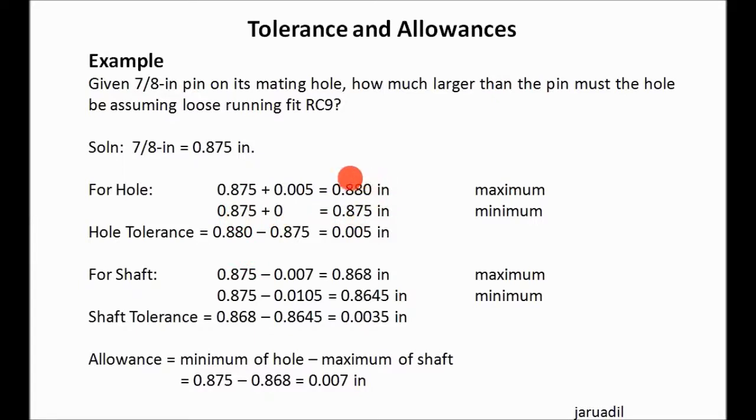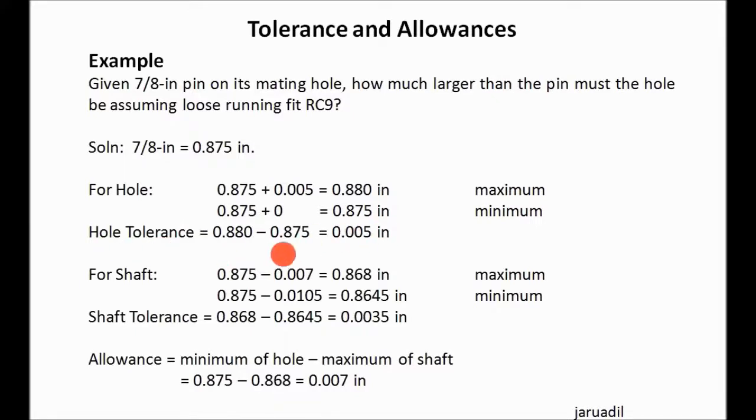So ang dimension ng hole mo, ang minimum niya is 0.875, ang maximum niya is 0.880. Ang tolerance niya is 0.005. Isusubtract mo tong maximum minus minimum. So ang tolerance niya is 0.005. Para lang din dito, pag sinubtract mo tong dalawa, 0.005 minus 0, 0.005 din. So ganun lang yan, maximum minus minimum.